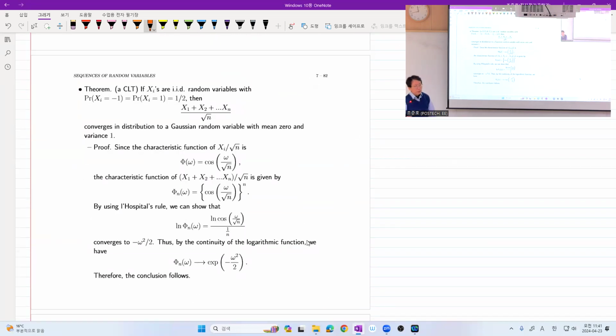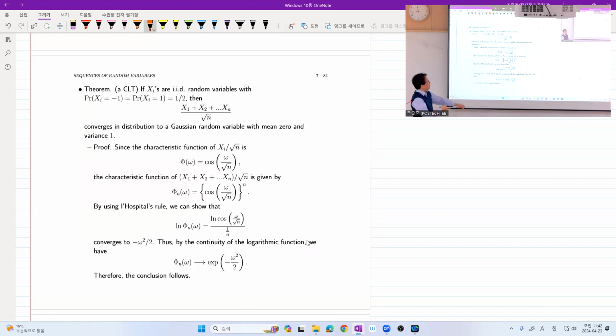Now, here goes the simplest example that uses one of the famous versions of the central limit theorem to prove the Gaussianity. So suppose we have -1 and +1 with probability 1/2, and you sum up n of them. And it seems this is something we've already seen. Yeah, exactly. And you can show by using these steps that this random variable converges to Gaussian, zero mean and unit variance.